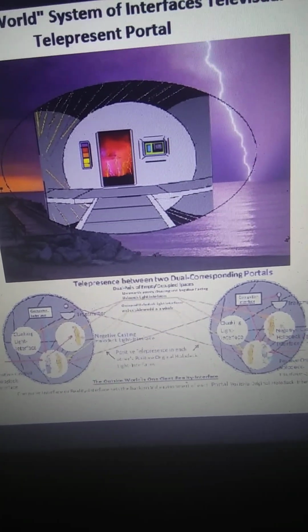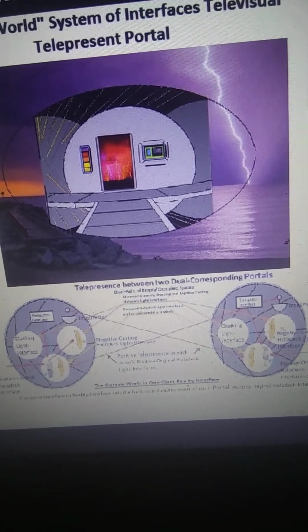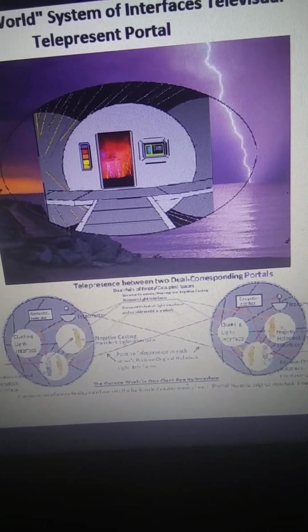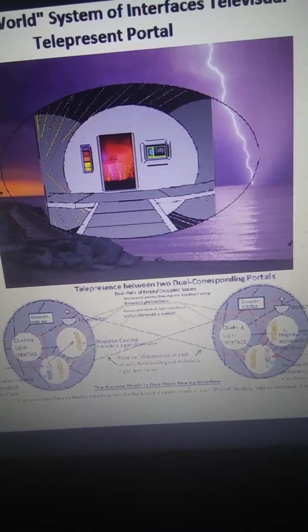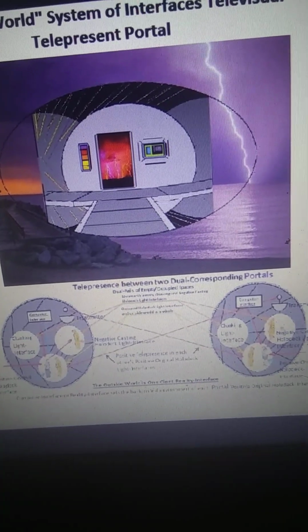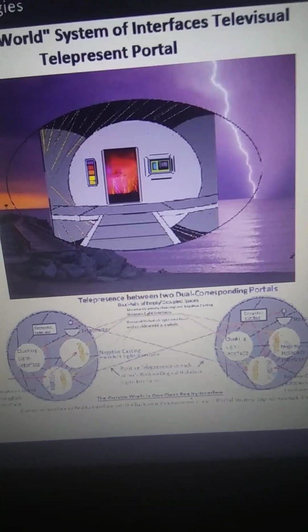I've discussed this in some of my other videos, but it's telepresence between 2 dual corresponding televisual portals, where the virtual image of one person appears telepresently in the holodeck of another inside these cloaked portals.